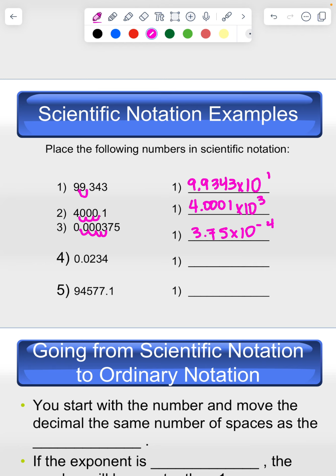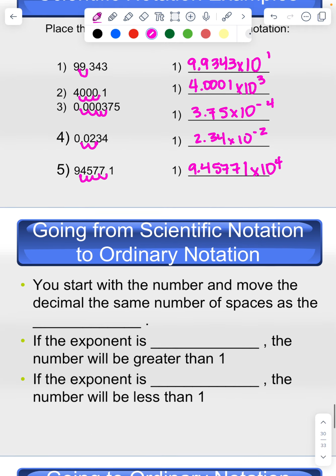Number 4, again, it's less than 1, so it's going to be a negative exponent: 2.34 times 10 to the negative second. And then number 5, it is greater than 1, so our coefficient is going to be 9.45771 times 10 to the positive 4th. Hopefully you remember how to do that from chemistry last year.